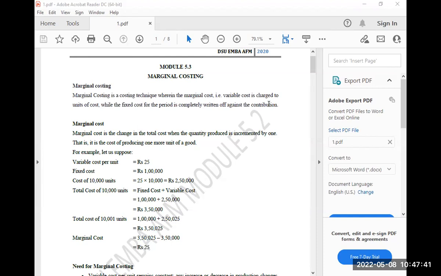To make one particular product, if I need 2 kg of input A, to make 2 outputs I need 4 kg of that particular input. So that is what we call in marginal costing variable cost. I repeat again, variable cost is a cost which changes according to the volume of production. If I increase the number of units to be produced, the cost of input will increase. If it is increasing, that cost is called variable cost.